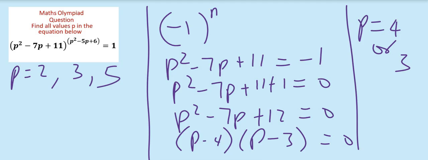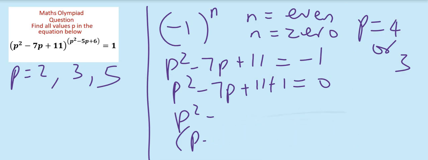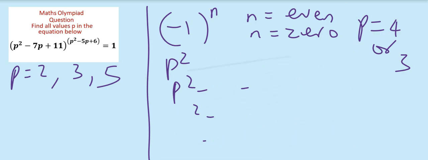Now I've already gotten 3 before, and don't forget, this brings me back to this. Like I said, n will be even when the base is negative 1. N can also be 0 even if the base is negative 1. Yes, n can be 0. So let me substitute these two values back into the power and see the one that will give us even and the one that will not.